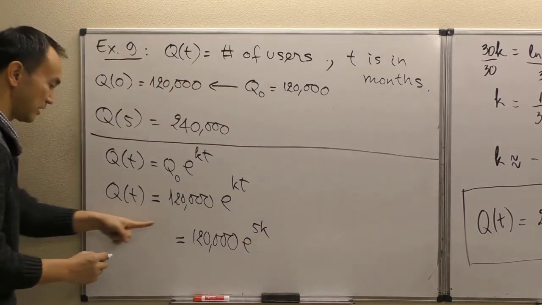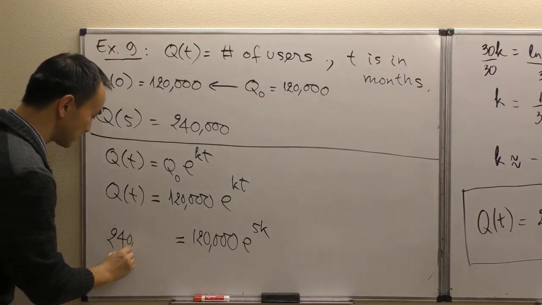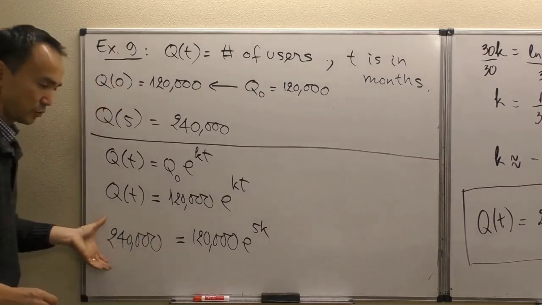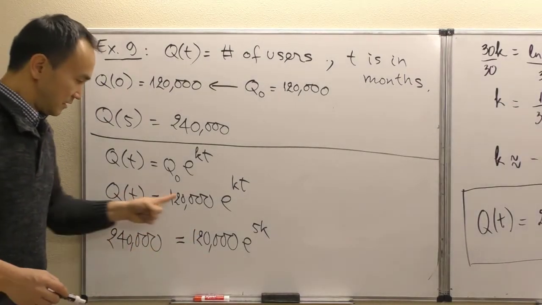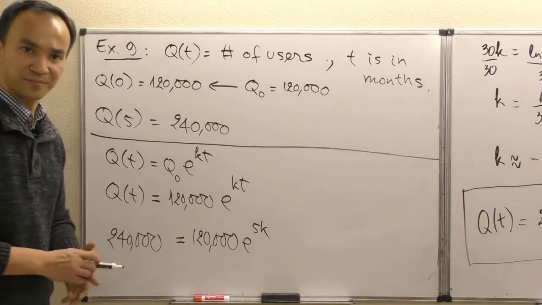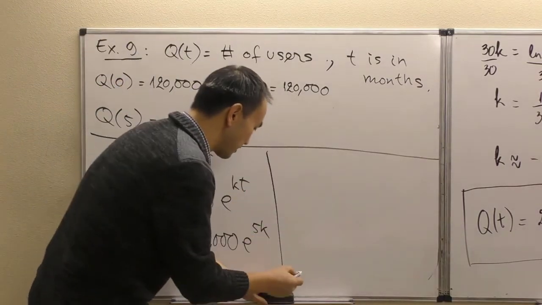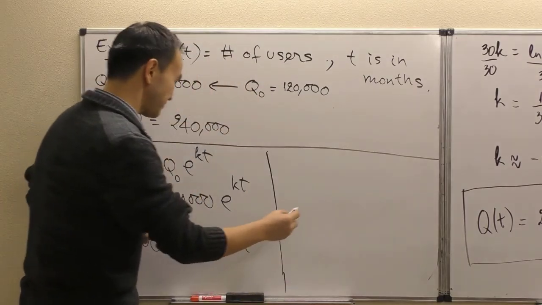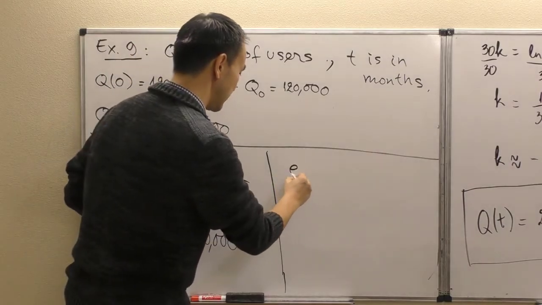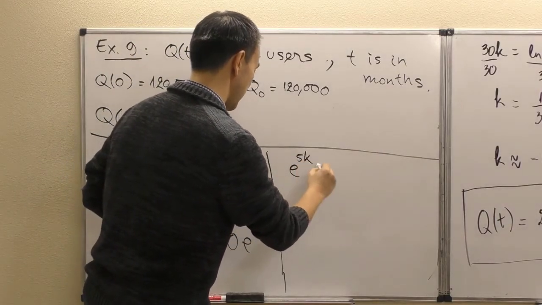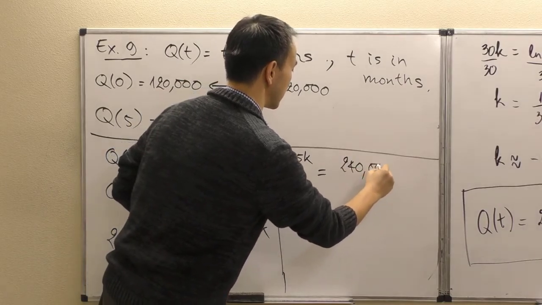And then on the left-hand side, we're looking at 240,000 to equal this setup. So now we have come to our exponential equation. After seeing this as an exponential equation, I'm going to divide both sides by 120,000. So we're looking at e to the 5k equals 240,000 over 120,000.